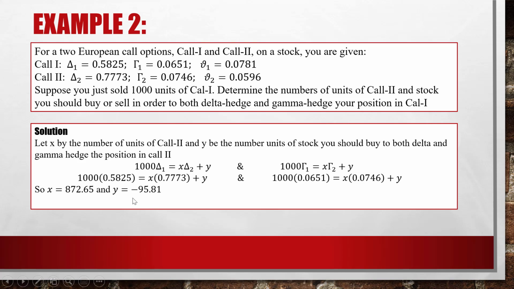Again, minus means sell, plus means buy. And sell here means shorten, and buy here means longen. So another way to answer is that we shorten 95.81 units of stock and longen 872.65 units of call 2. So that's how we explain this situation.